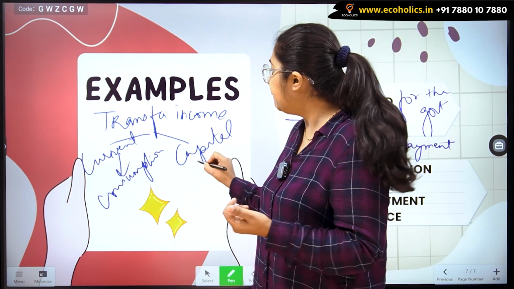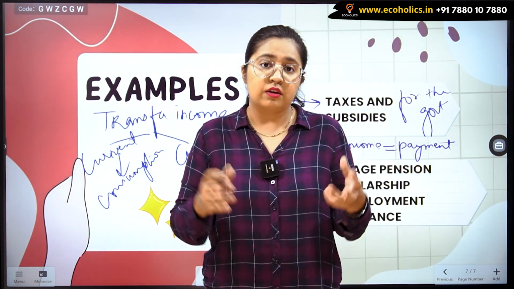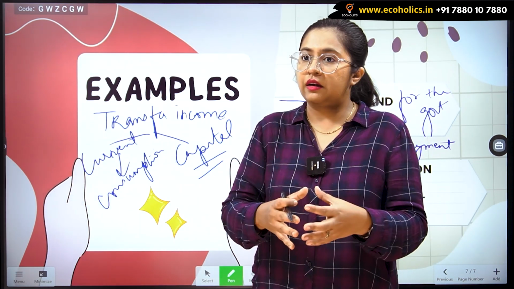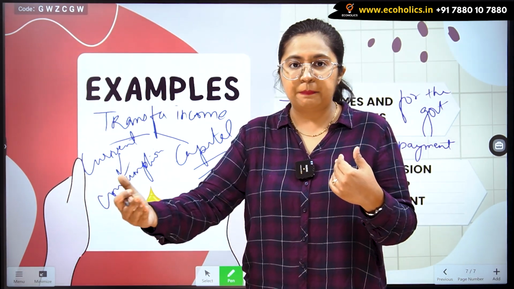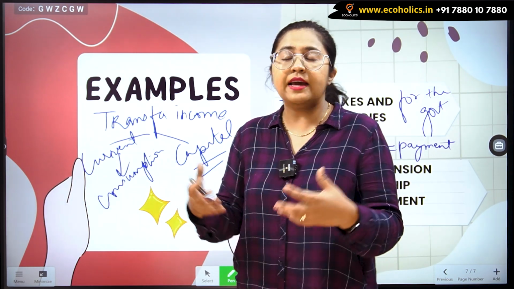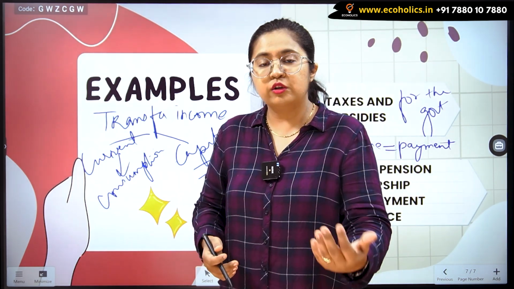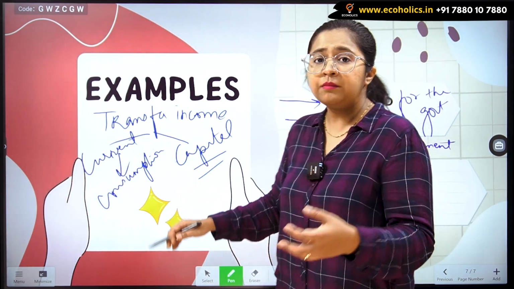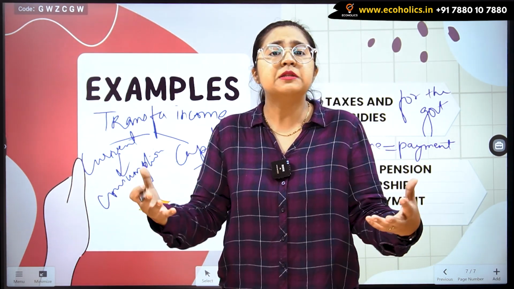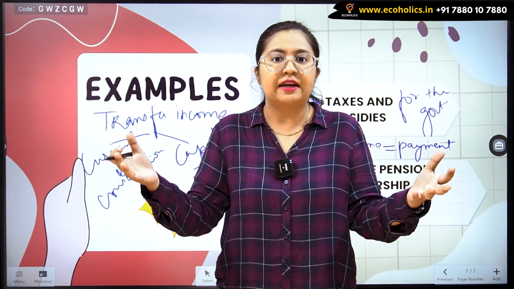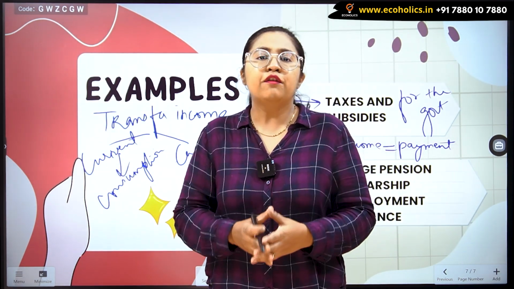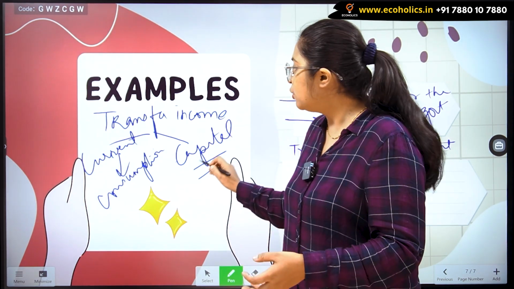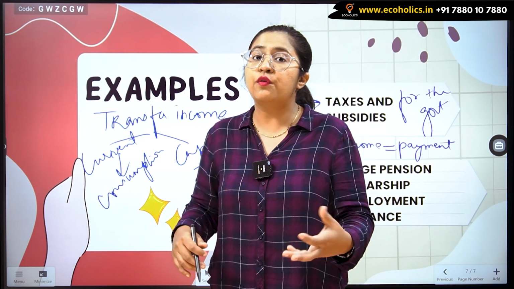However, if we talk about capital transfer, capital is always like a lump sum amount, and capital transfer is like a one-time payment by the government or authorities to individuals, people or businesses, so that they can perform some capital formation activities. Capital formation can happen only when there is investment, which is why this is a huge amount which can be used for development.